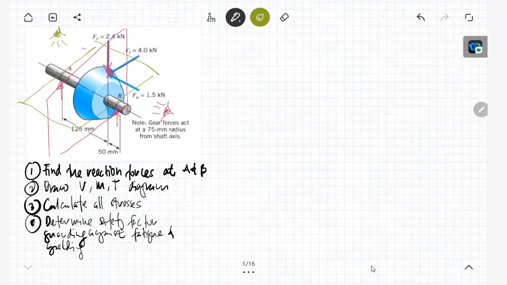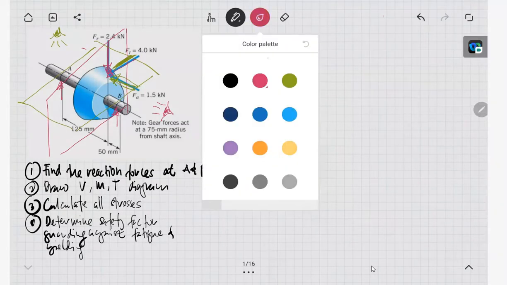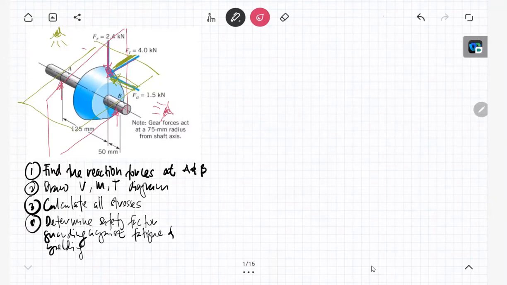So from above, from the green plane, we could see this plane, these forces, and these forces. Right. So free body diagram for the green plane, for the red plane, free body diagram.